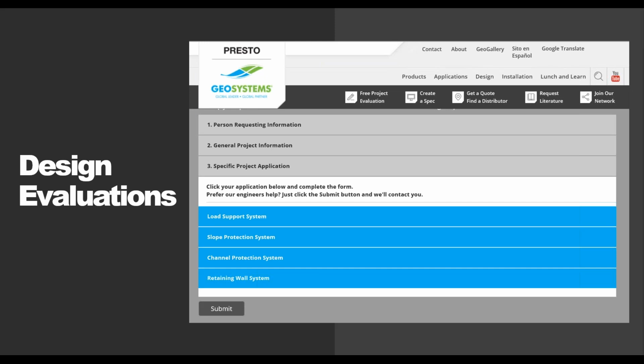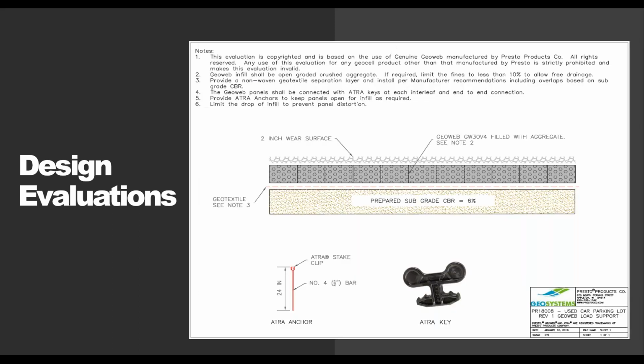You can attach documents such as geotechnical reports or site photos, and then it comes to myself and the rest of the engineering team. And within just a few business days, we provide that complete evaluation. This is going to include things like anchorage requirements, geotextile recommendations. It's going to have those supporting calculations as you need them, all of that good stuff. And we are going to work with you to get the best design for your project needs.